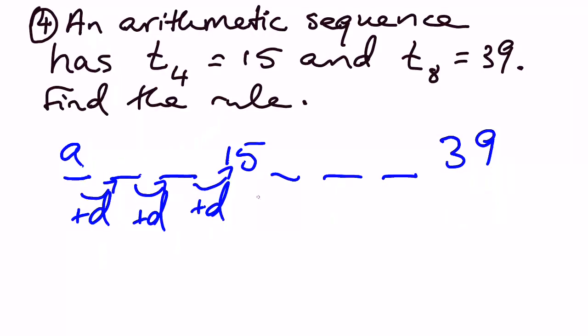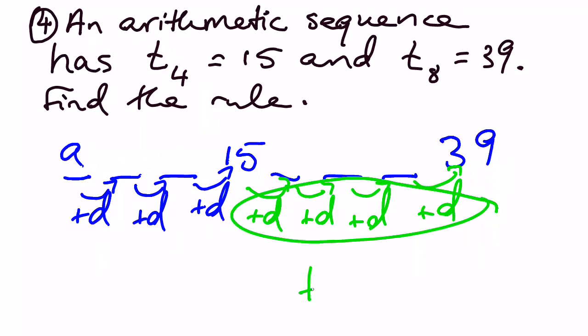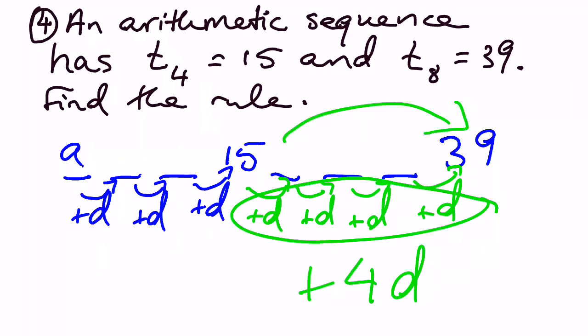But all right, let's think about this a bit further. I'm just going to take a new colour. To get from 15 to here, I went plus D, plus D, plus D, and then plus D. So I've actually gone plus 4D to get from 15 to 39.